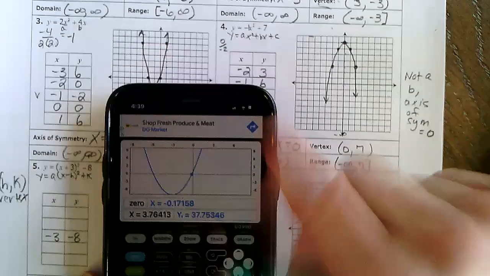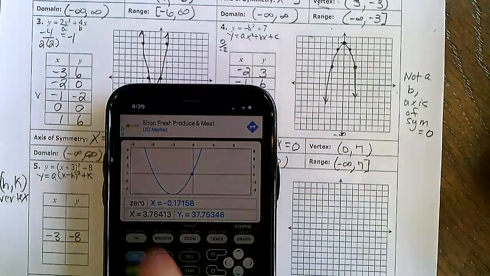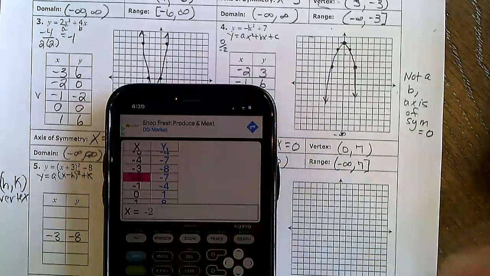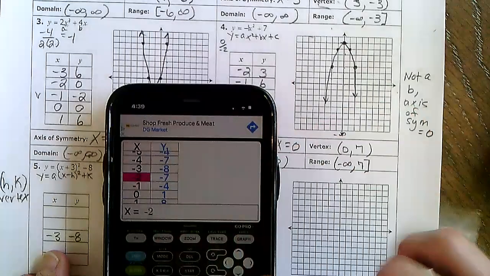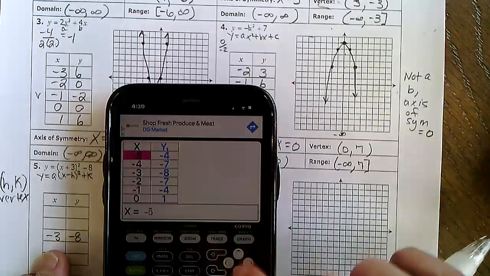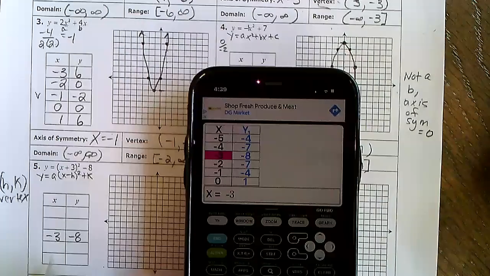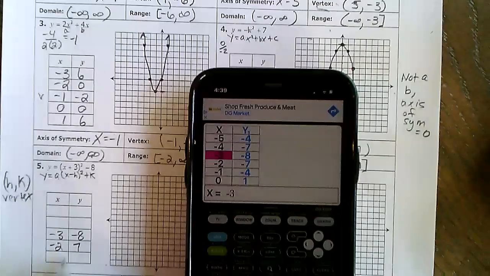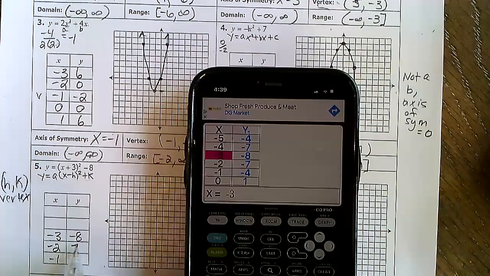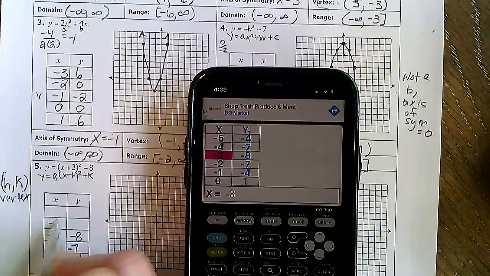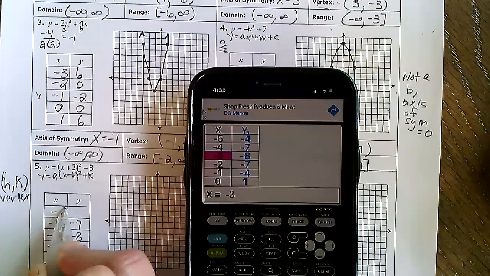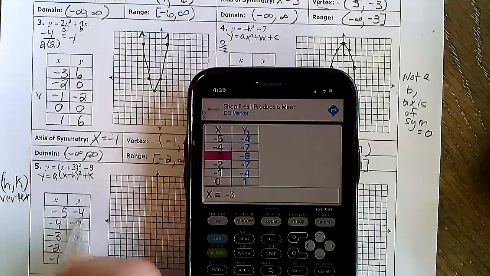But you can zoom in and see it, or you can go to your table. And if you go to -3, you see it repeats on either side of -3. So your vertex is (-3, -8), and then this is (-2, -7), (-1, -4).